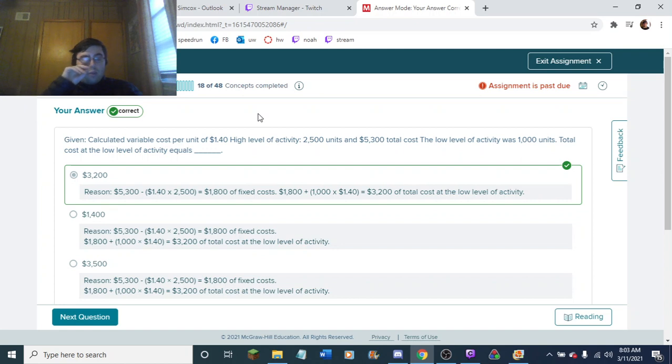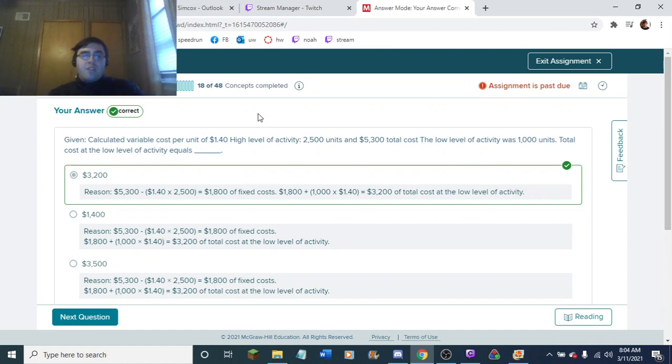I got the right answer. That's funny. So anyways, you do the total cost minus... you have the cost per unit of activity. You do the cost per unit of activity times the units, so you calculate the variable cost. Then you have the total cost, and you subtract the variable cost to get the fixed cost.